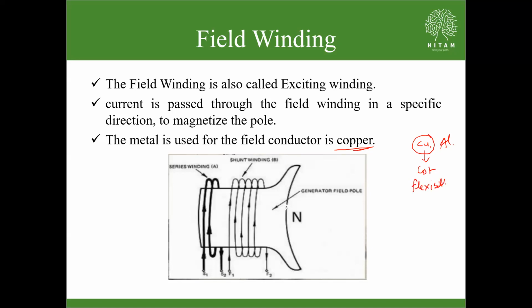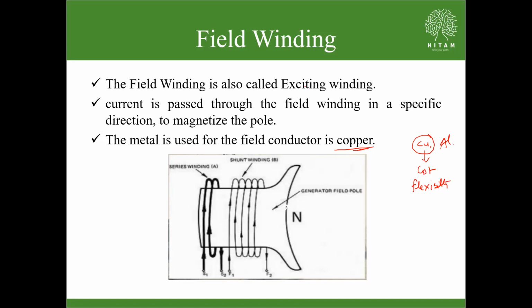Copper we can easily turn or twist according to the shape of the winding. How we want to wind on the particular pole, we can do that with the flexibility of a copper wire. Whereas aluminum has much less flexibility compared to copper, and also the cost point of view.